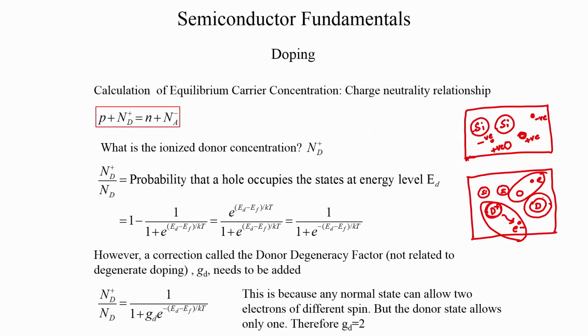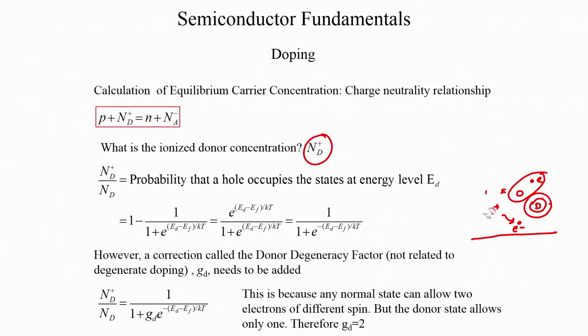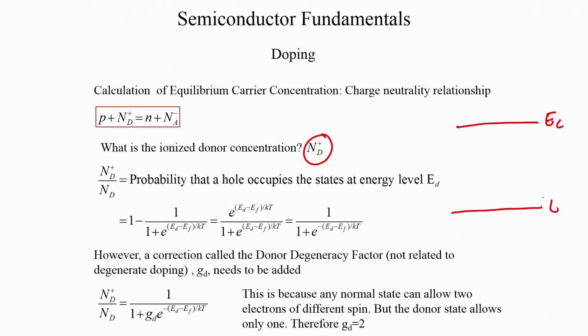So, now the question is, at some temperature what is the ionized donor concentration? How much of it is Nd plus at any given temperature? Can we calculate it with whatever information we have? If you think about it, let us draw this energy level, let us draw EC, EV and ED, right. That is where all the donors are sitting.